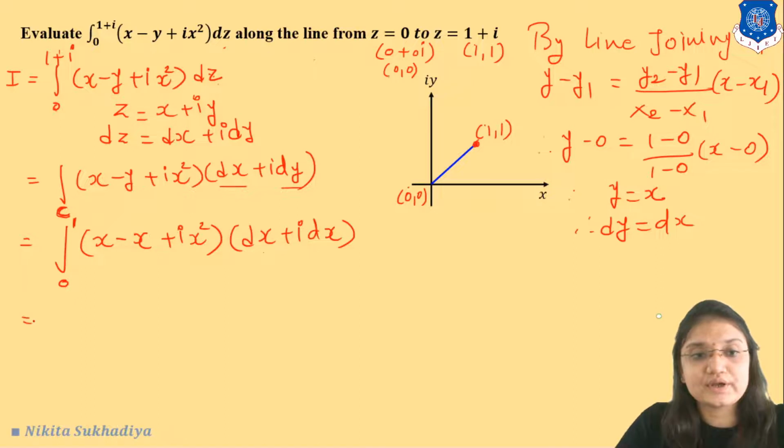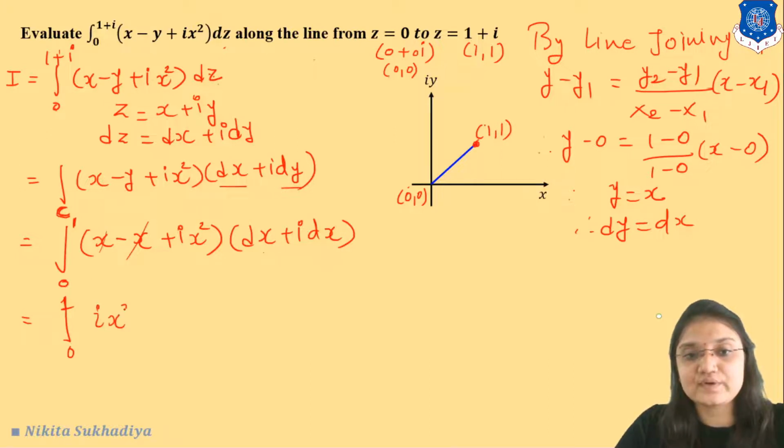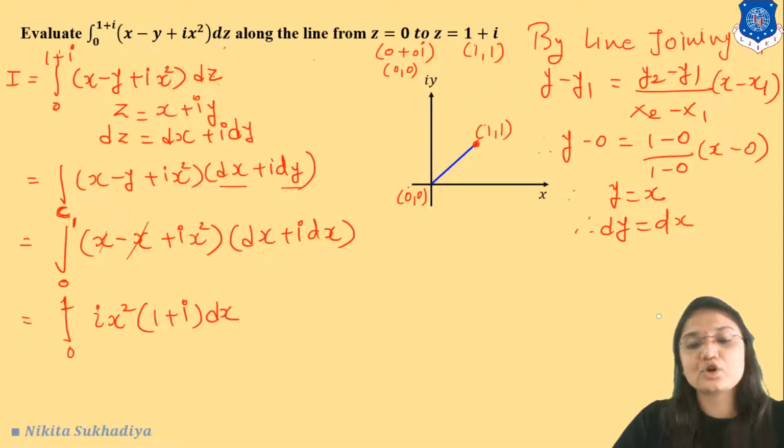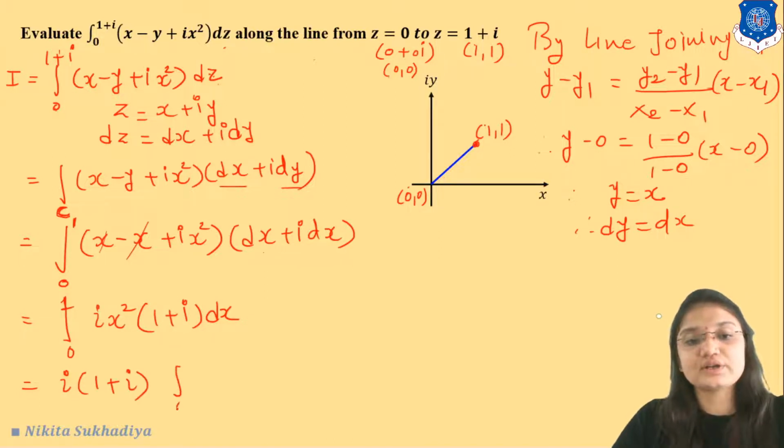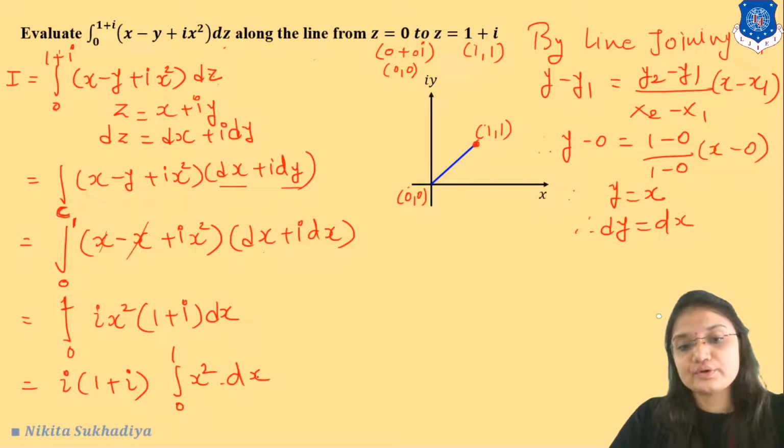So here integration from 0 to 1, by cancelling out plus x minus x, you will get i x square, and by taking dx common, you will get the next term like this. Now by taking i into 1 plus i common, you will get integration from 0 to 1 of x square into dx.